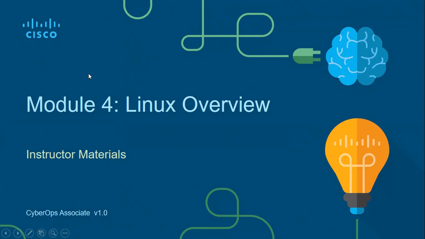As you can see here, this is module 4, unlike those slides where it was supposed to be chapter 4. So they decided to use module instead of chapter. Okay, so module 4 looks at Linux overview.